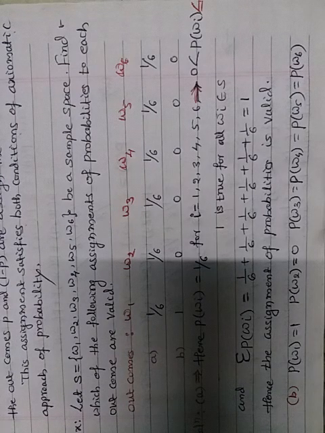And one example, in a coin tossing experiment, we can assign the number 1 by 2 to each of the outcomes, head and tail. Does this assignment satisfy the condition of the axiomatic approach?